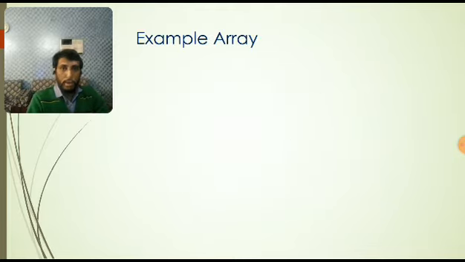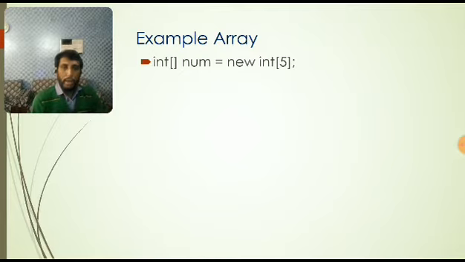Look at the example array. Here, look at this big bracket, and the name of the variable is just like a general declaration. But one difference is that we are supposed to put a big bracket whenever we are going to use an array, and then inside it we are going to put 5 elements. 5 elements would be given.